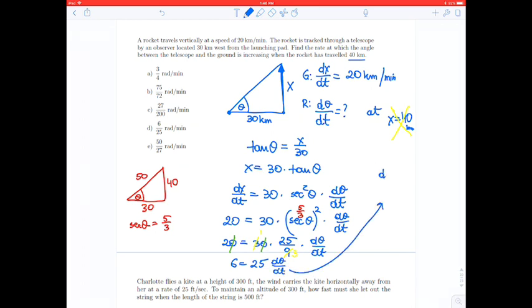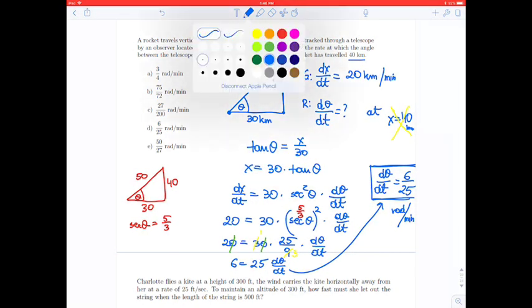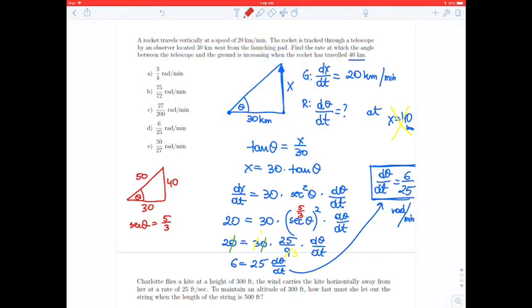Okay, that means d theta dt is simply 6 over 25. And the units are, because it's an angle, radians, and time was in minutes. Okay, that's my final answer, which I think is this one.